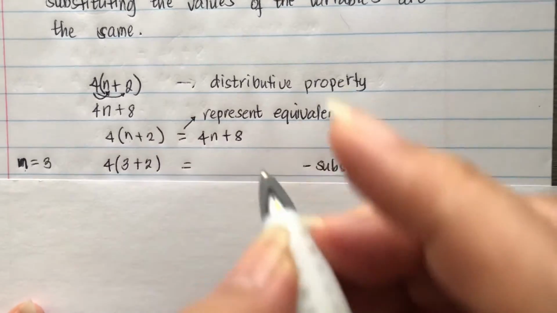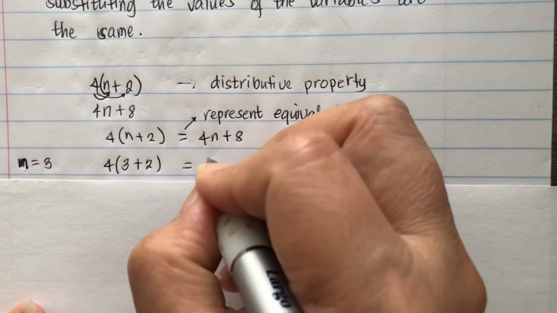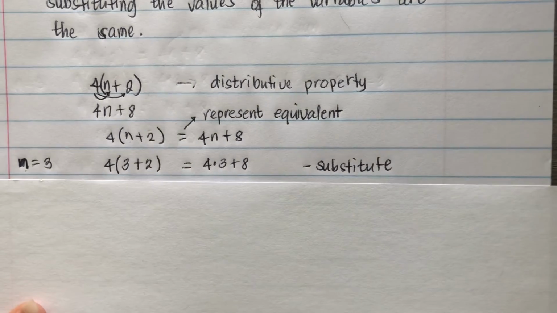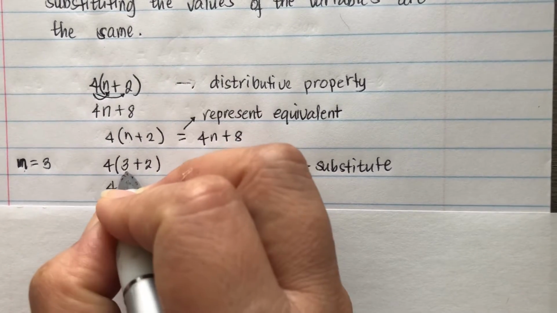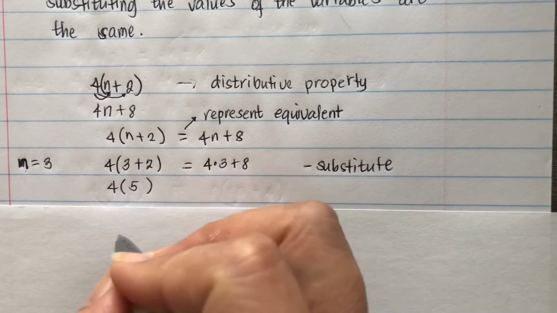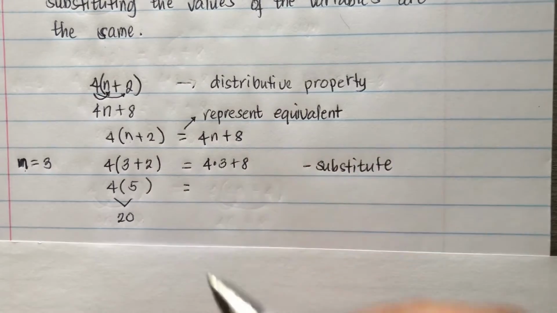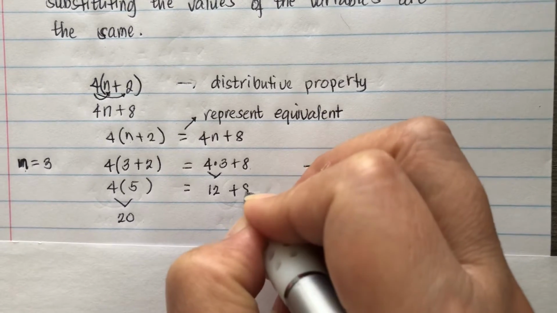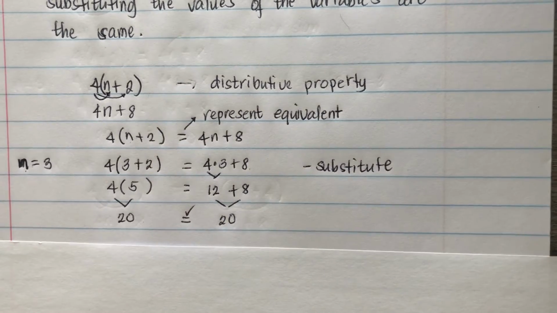And if we substitute n equals 3 in the expression 4n plus 8, that becomes 4 times 3 plus 8. If we simplify it, this becomes 4 times 3 plus 2, which is 5, which will give us 20. Let's see if we have the same value. 4 times 3 is 12 plus 8. This will also give me 20. So therefore, they are equivalent expressions because they have the same value.